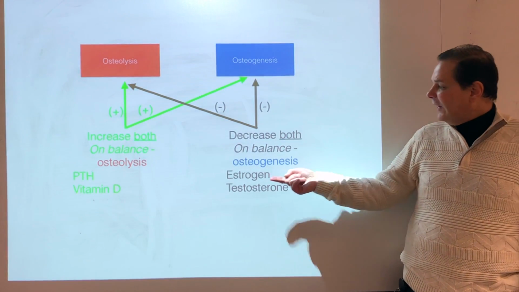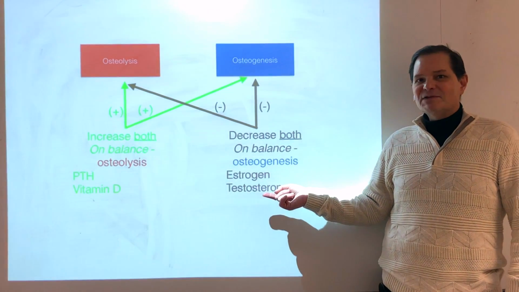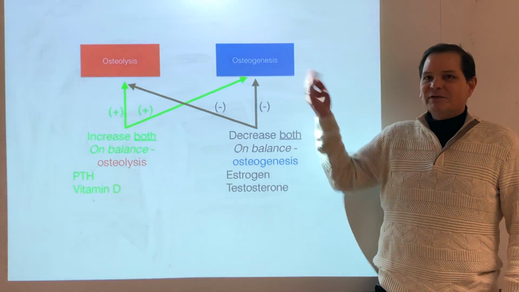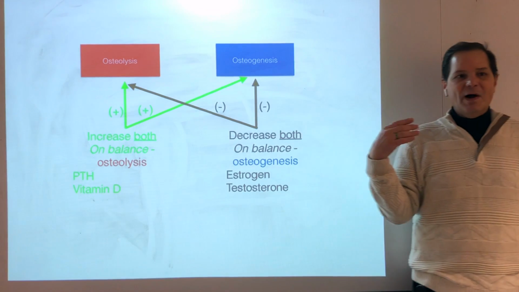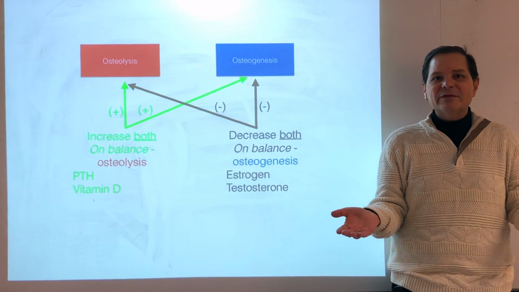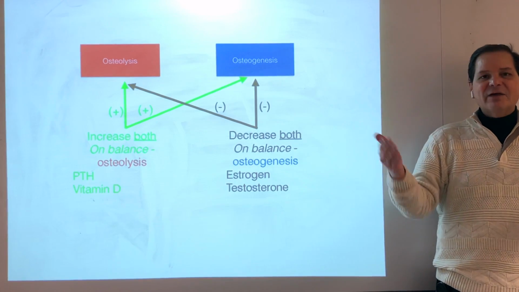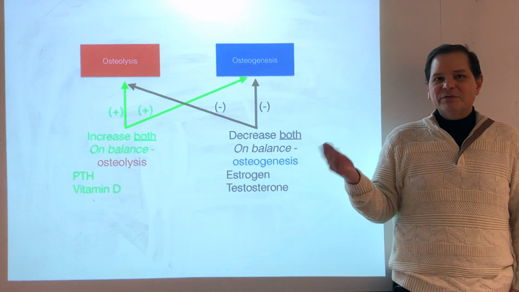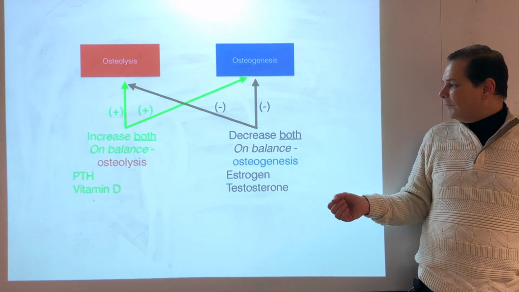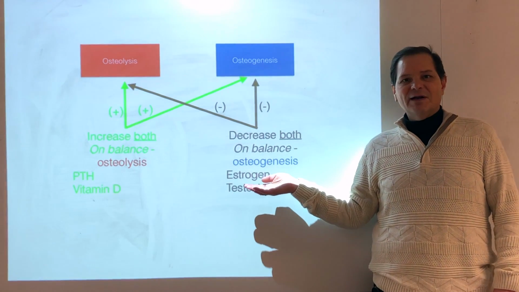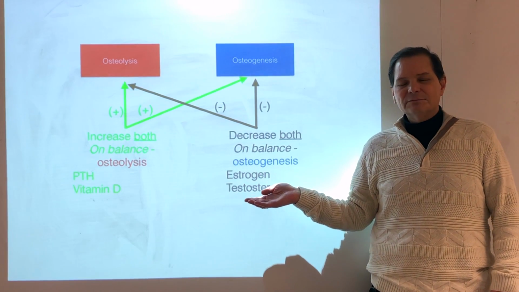On balance, estrogen and testosterone, which I mentioned a minute ago, will cause osteogenesis. And this is why, on balance, most of you who are watching this in your 20s, you have nice high testosterone levels, nice high estrogen levels. On balance, you're still growing a little bit, and part of the reason is because you've got nice high estrogen and testosterone, okay?